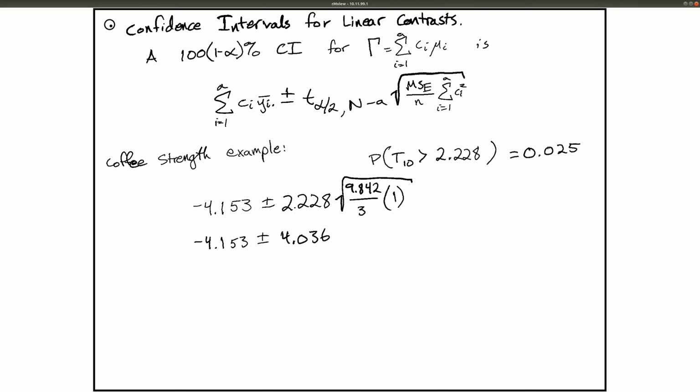Now, if, for example, instead of using contrast coefficients of 1/2, we had multiplied all of them by 2, we would have gotten the same exact conclusion that we got for the t-test, with the same p-value and everything.